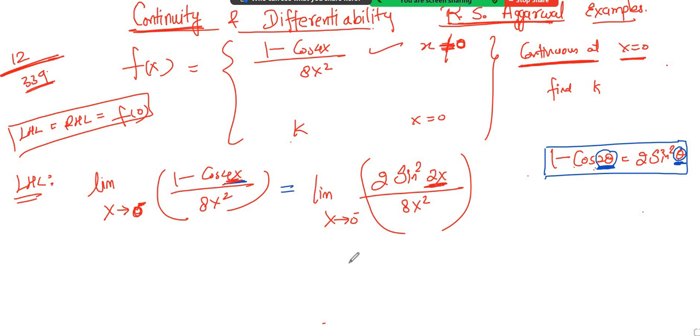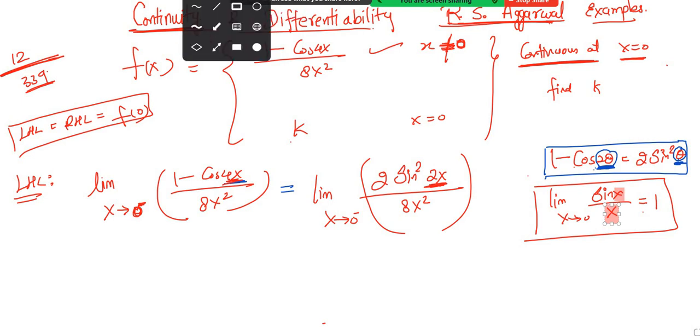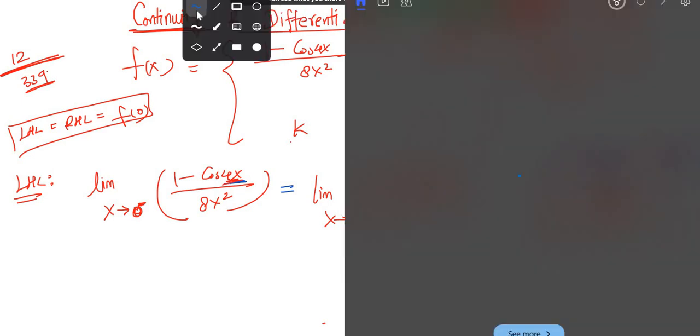Now there is a formula, limit x tending to 0, sin x by x is 1. But remember one thing, this formula is valid only if this x and this x are matching. That means this formula has multiple forms.